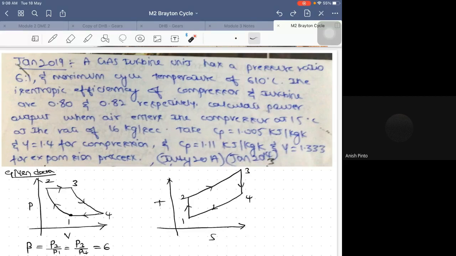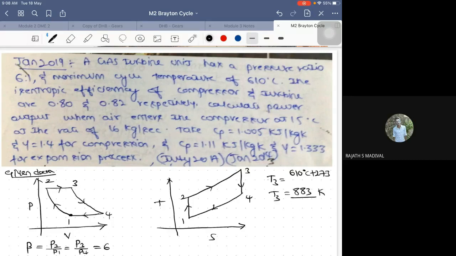Which one is that? T3. Exactly. So if you observe, T1 is attained at this level, then T2, T3, and T4. So T3 is maximum. So I will take T3 as how much? 610. So directly convert into Kelvin, 610 plus 273. 610 degrees Celsius plus 273. It would be converted into Kelvin. Give me the value of T3 in Kelvin. 883.